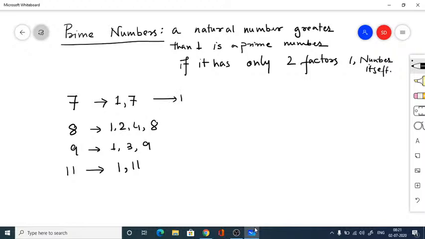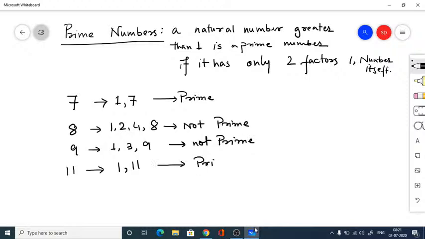So 7 is a prime number because it has only two factors, 1 and 7 itself. This is not prime. This is also not prime. More than two factors means not prime. This is prime because it has only two factors, 1 and the number itself.